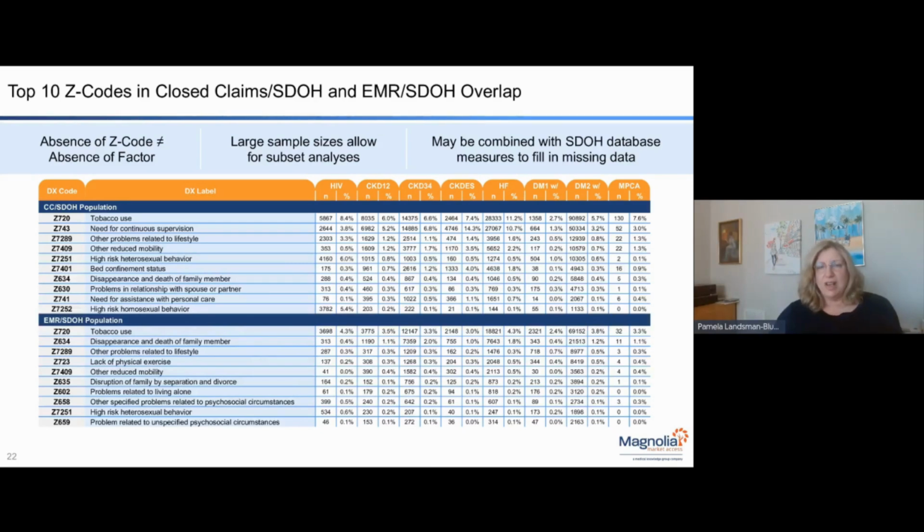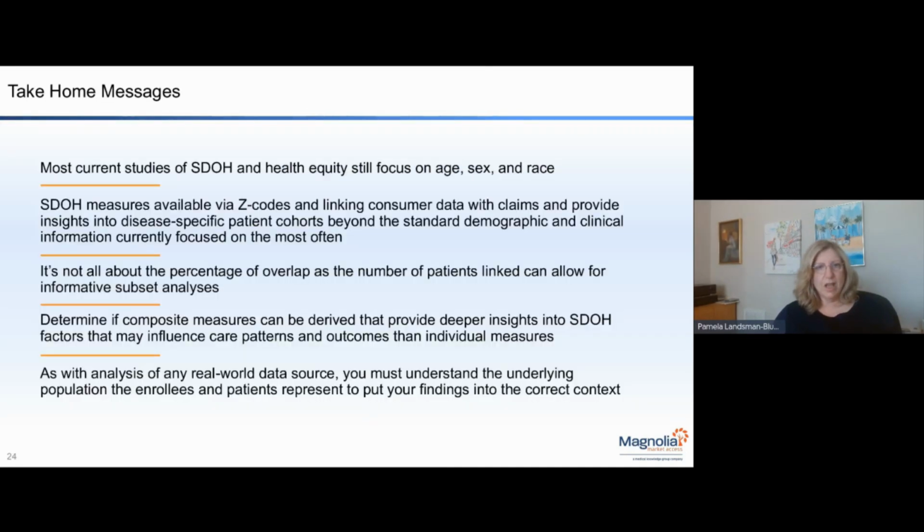So Z codes are very helpful and informative as well, again, more for subset analyses. So just some take-home messages before I turn this over to Rick. Most current studies of SDOH data and health equity actually still focus on age, sex, and race.